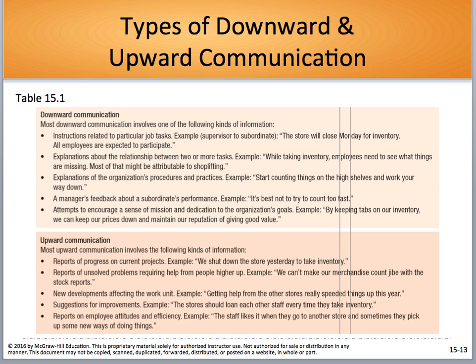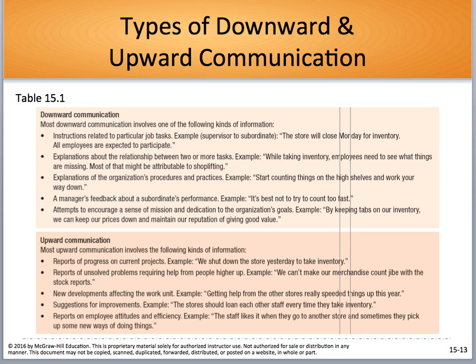Now, here are some various types of downward and upward communication. I've shared an example already, but let's look at some more. Table 15.1. Instructions related to a particular job task. So you have a supervisor speaking to one of their team members, and they say the store will close Monday for inventory. All employees are expected to participate.